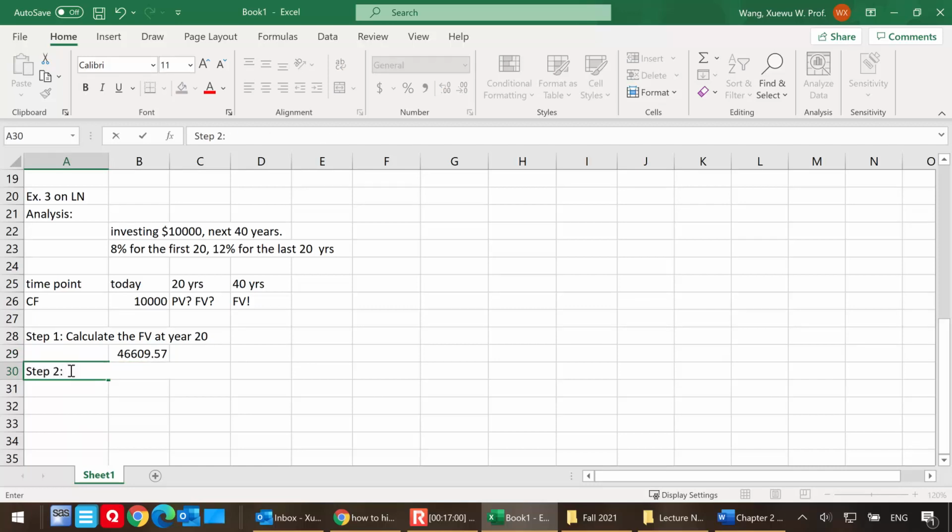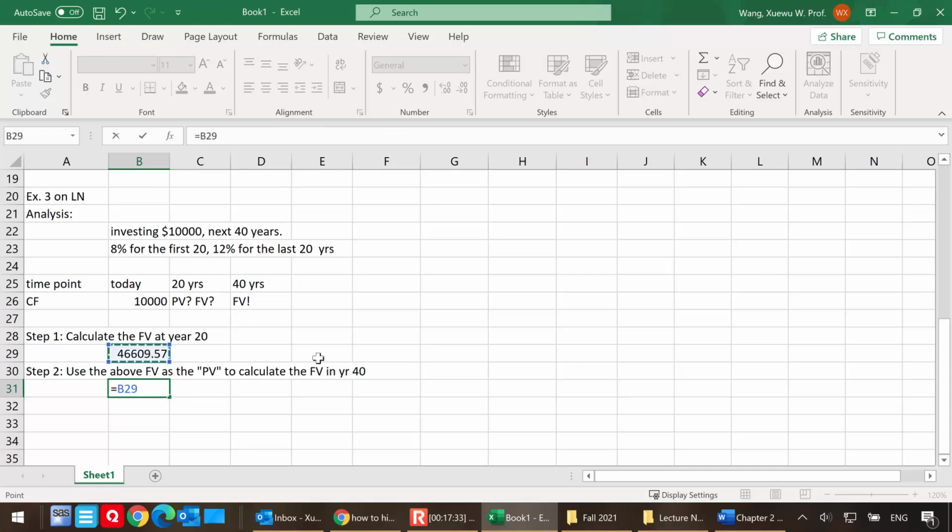Now step number 2, we're going to use the above future value as the quote-unquote present value because now we're going from year 20 to year 40. So the year 20 value there is a present value. I'm going to do this by the formula I just mentioned.